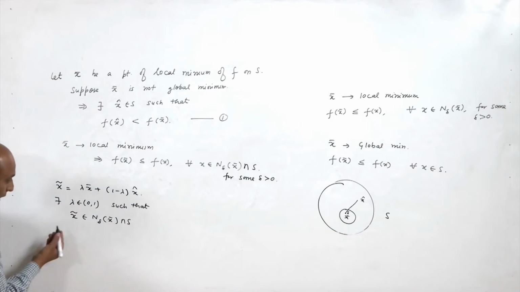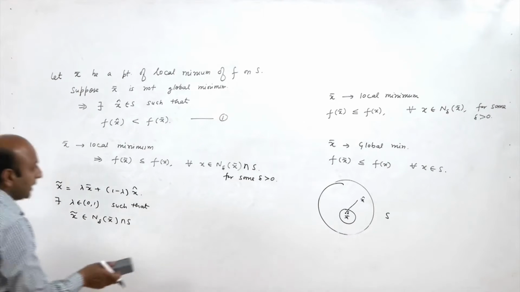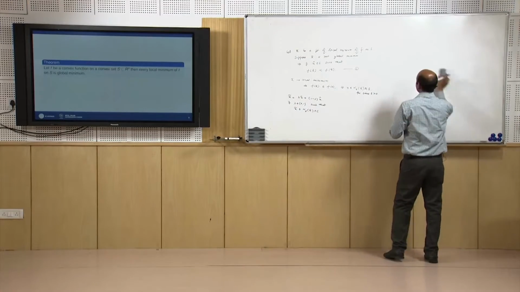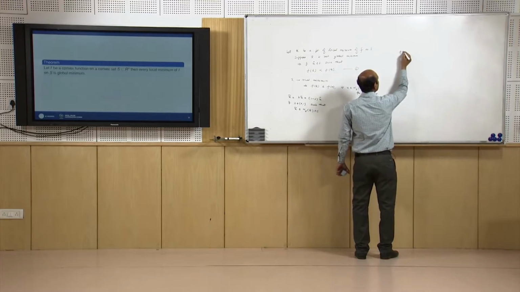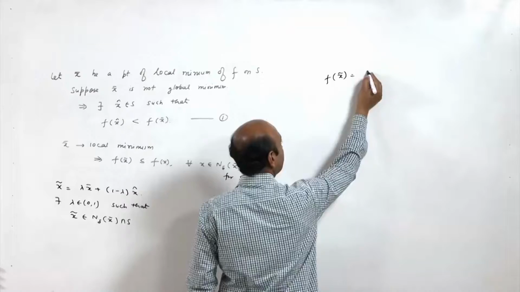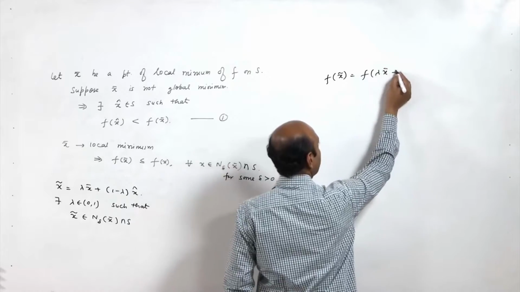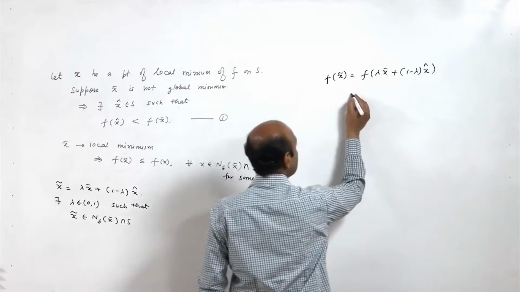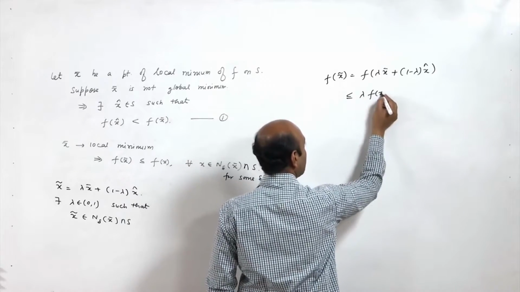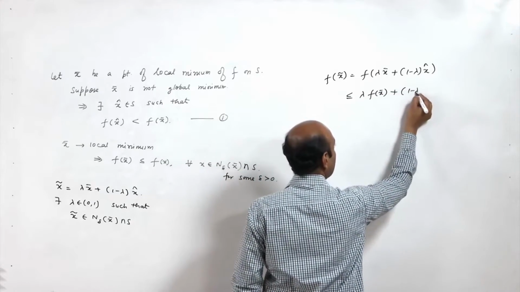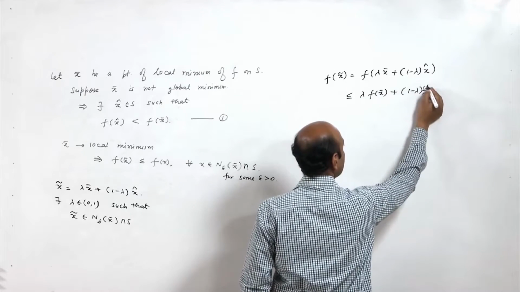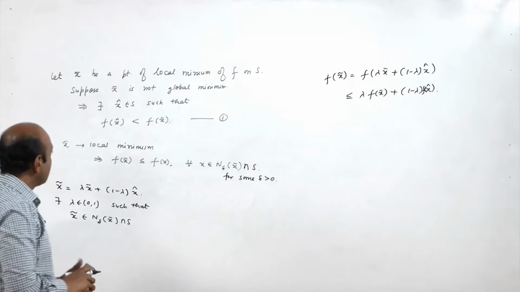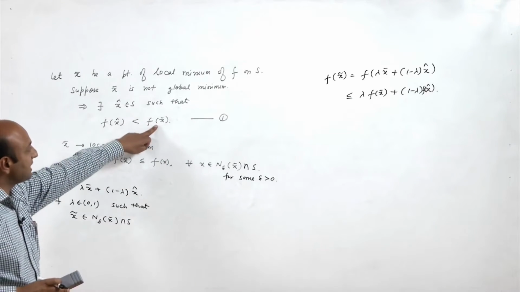So, now you apply the convexity of f also. So, f of x tilde, which is nothing but f of lambda x bar plus (1 minus lambda) x cap, is less than or equal to lambda f(x bar) plus (1 minus lambda) f(x cap), because function is convex, it is given to us, and f(x cap) is strictly less than f(x bar).